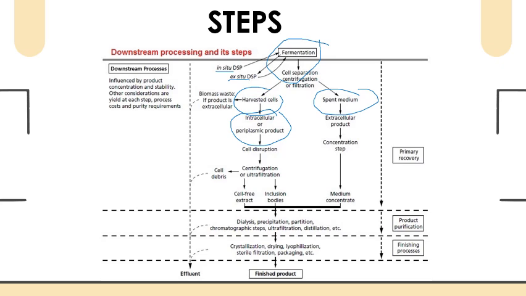So we are going to have a concentration step followed by the purification afterward. So, which means that the downstream process will be different depending on whether our product is actually intracellular or extracellular product.